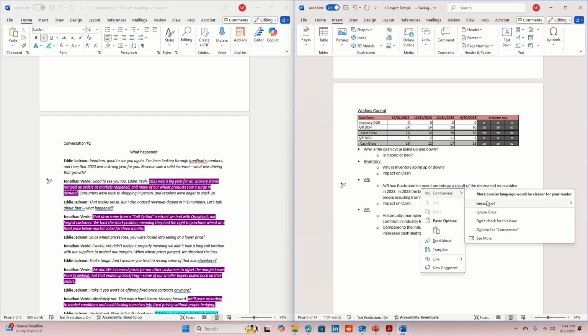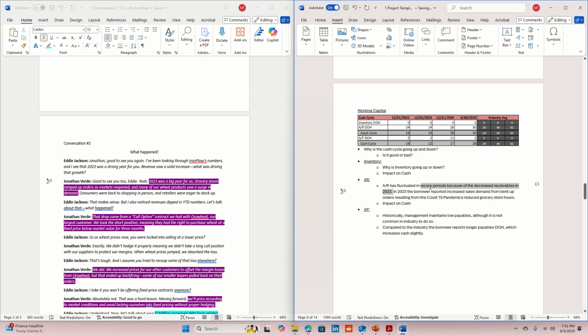Keep it short and simple. 2023 is the only year where it's out of whack. AR has since increased to historic levels.